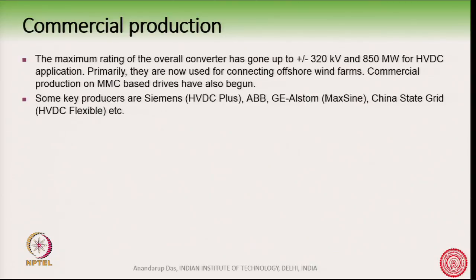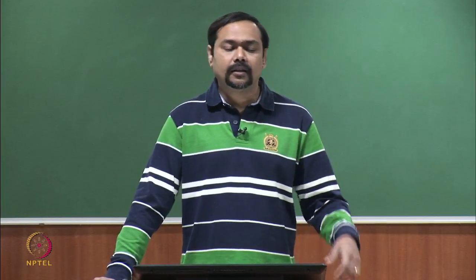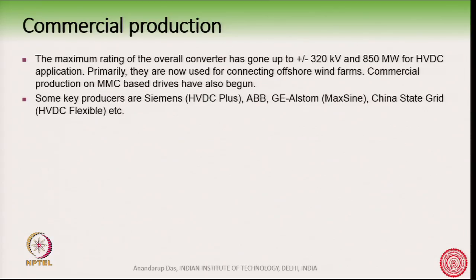So, as of now we are around the end of 2019 and beginning of 2020, but these numbers are continuously changing, and higher power rated or higher voltage rated converters are either being built or are getting deployed.